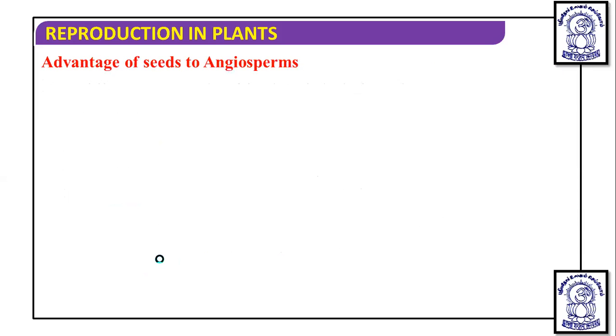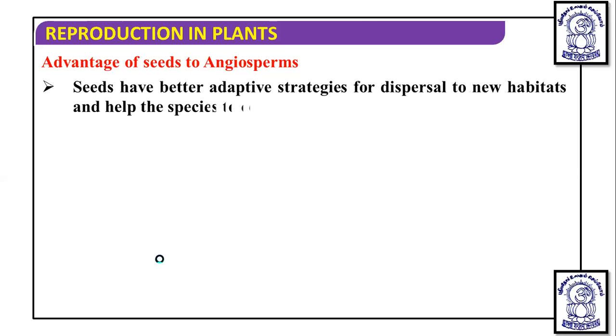Next to that, there are some advantages of seeds to angiosperms, dear student. If we see, seeds have a better adaptive strategy for dispersal to a new habitat and help the species to colonize another area. Suppose if this area becomes unsuitable for the particular plant, then there will be a better area for the seeds in a different area.